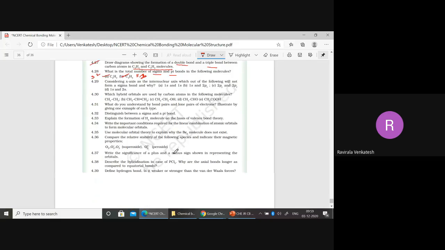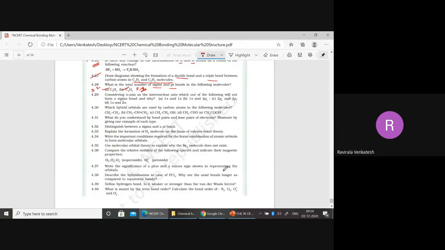Next, in the case of C2H4, we have 5 sigma bonds and 1 pi bond. Completed. Now, if you observe this, consider the x-axis as the internuclear axis.